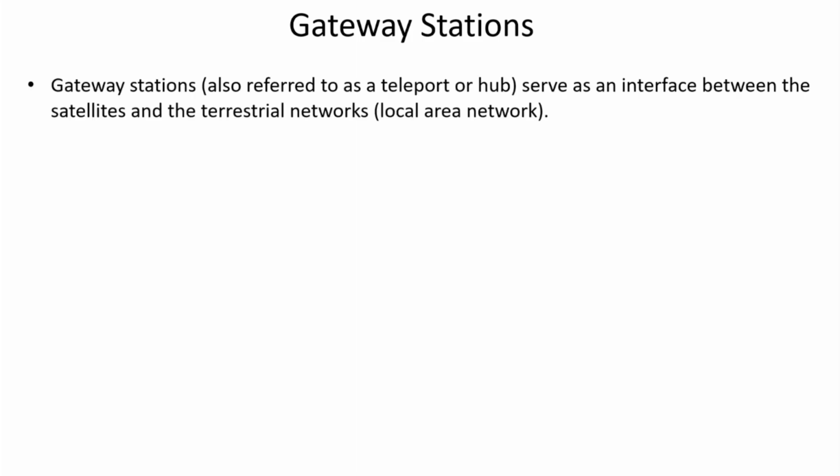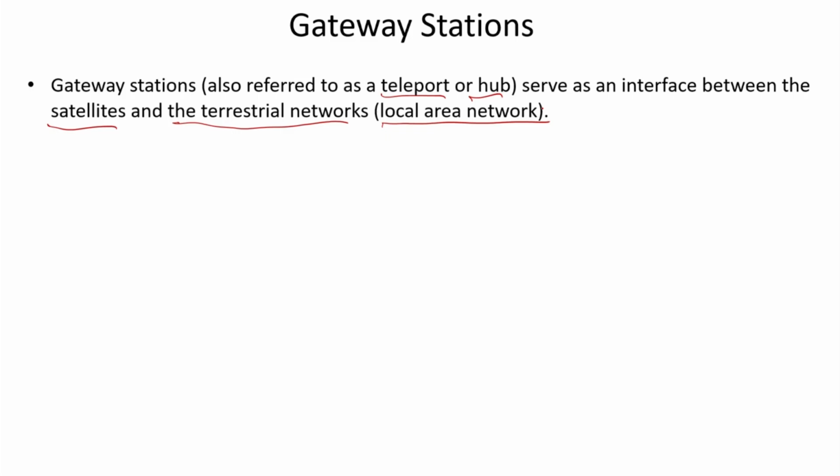Now, there is one type of earth station called the gateway earth station. What are gateway stations? They are also referred to as teleport or hub stations. These serve as an interface between the satellites and the terrestrial networks, all the local area networks.